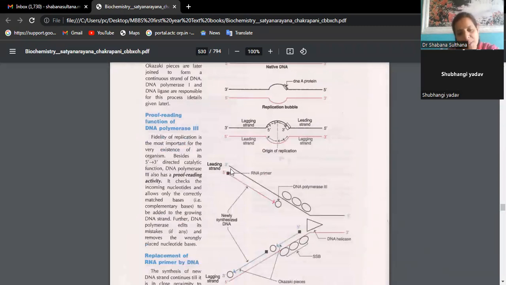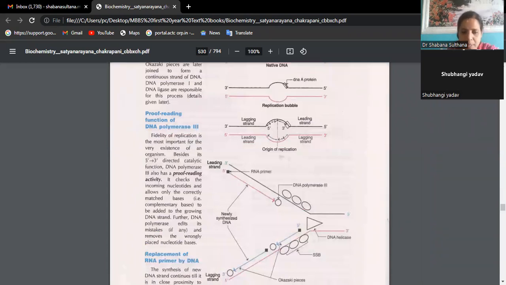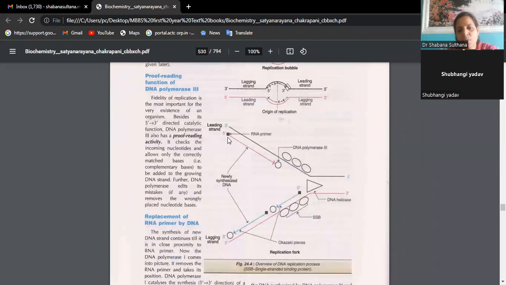Now, suppose this is parent DNA strand, which is shown in 3', 5' direction. Okay. Then newly synthesized DNA is seen associated with the parent strand. One side it is shown in red color. This is the newly synthesized DNA.